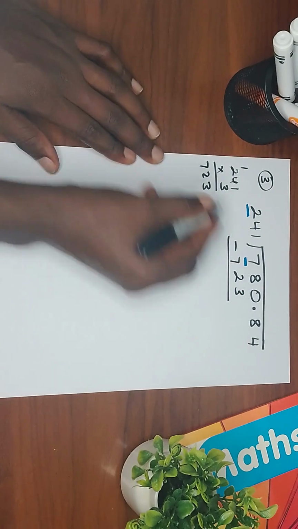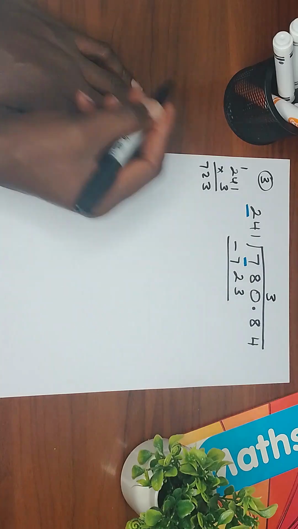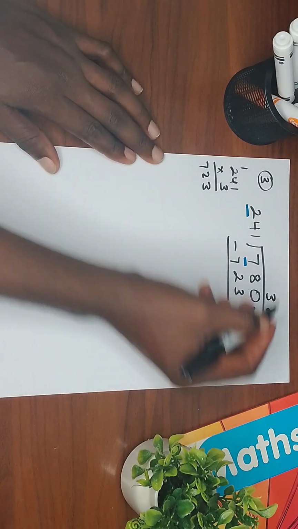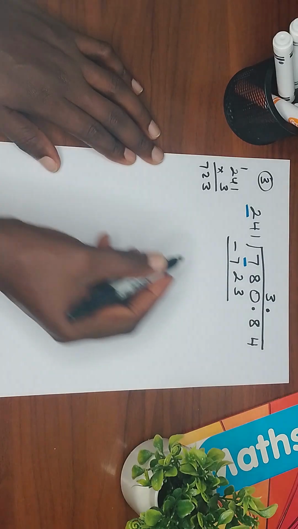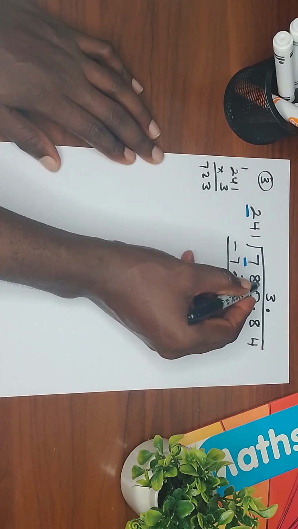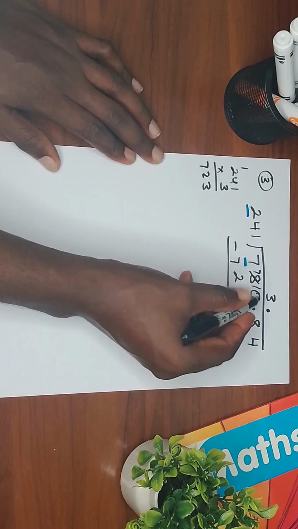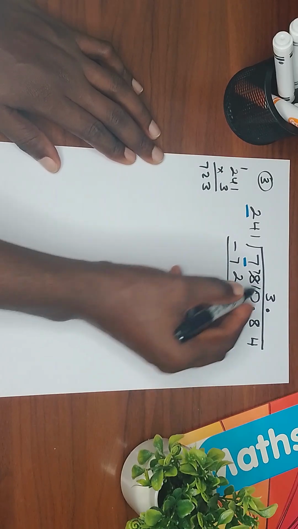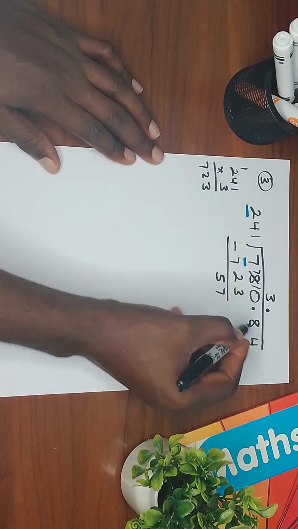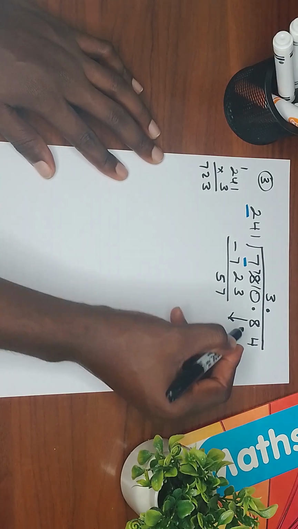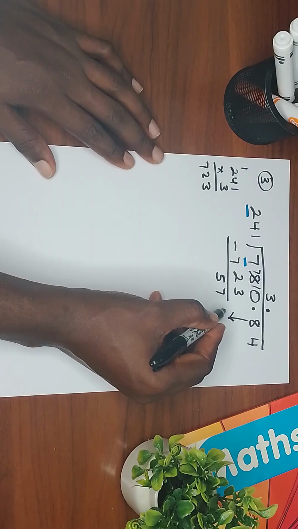Then how many times do we write it here? Remember to put the decimal first in your answer. Now we can subtract. This is 10 minus 3, which is 7. 7 minus 2, which is 5. And then our next step is to bring the next number down.